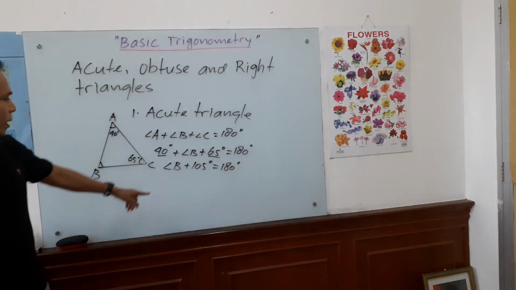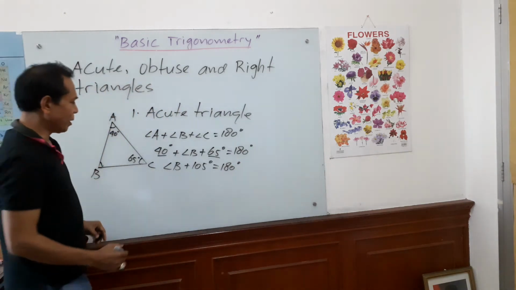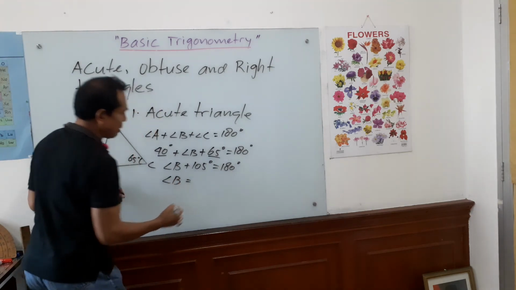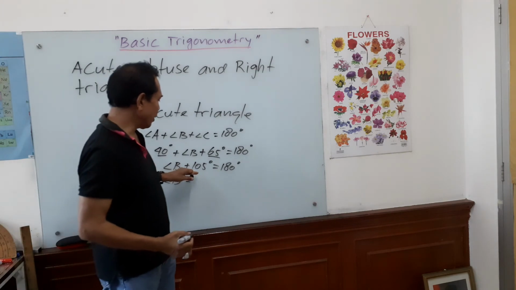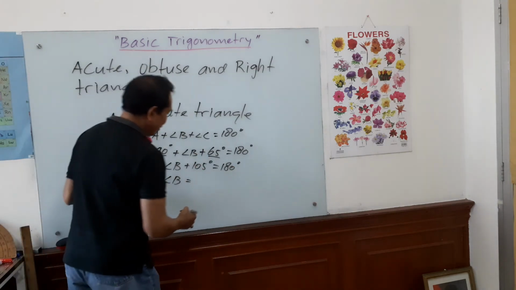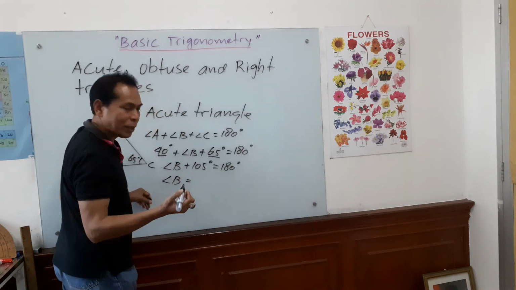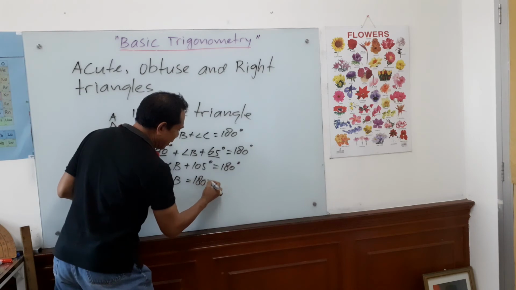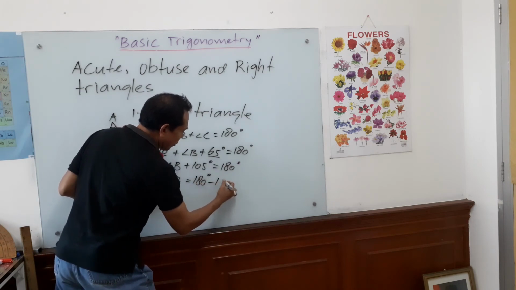All right. Now we take angle B out to be the subject. So we put angle B here equals. Now we bring this 105 to the other side. It becomes negative. So angle B equals 180 degrees minus 105 degrees.